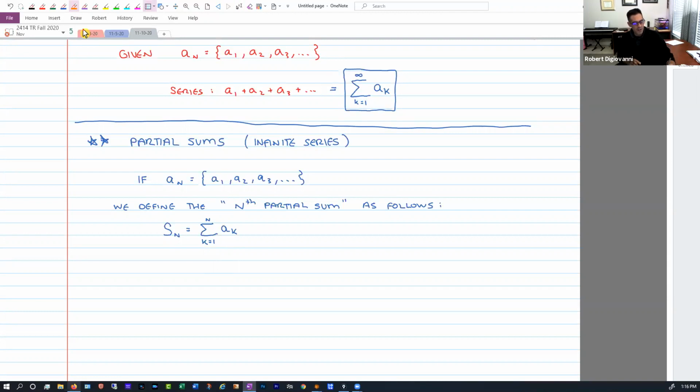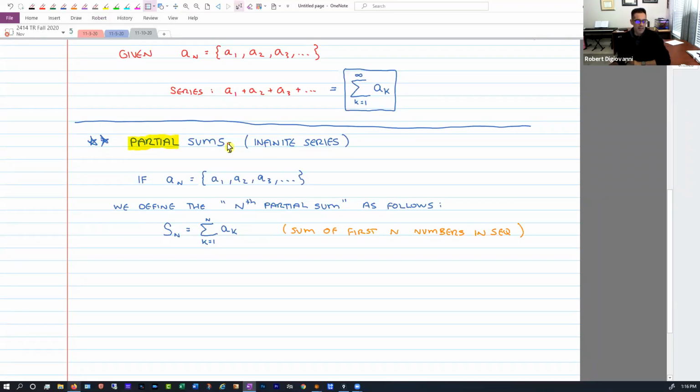In this particular case, this would be just the sum of the first n numbers in the sequence. So that's where the word partial comes from.